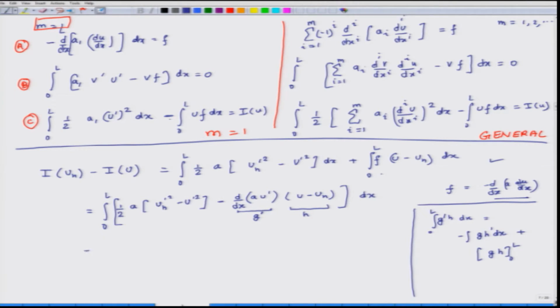Okay. So, I can do integration of this thing by parts. So, I get half a, u h prime square minus u prime square, and then instead of this entire expression I get a plus term because it is minus g h prime, and I get a u prime, and then it is u prime minus u h prime, and this entire thing is integrated with respect to x, and then plus I get g h.